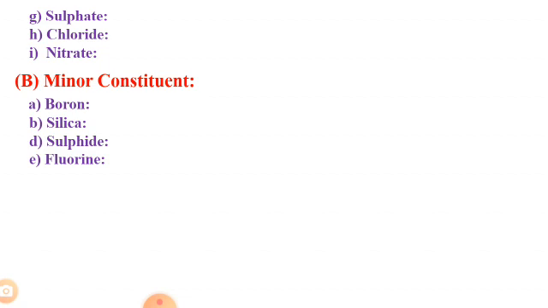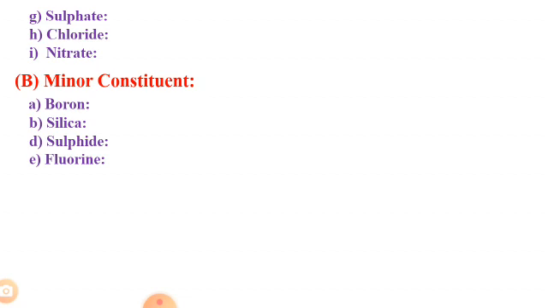Our next minor constituent is nitrite. Nitrite has the chemical formula NO2 minus. It's not nitrate, it's nitrite. It is not present in normal irrigation water. It may be found under anaerobic conditions in closed drains and stagnant wells.